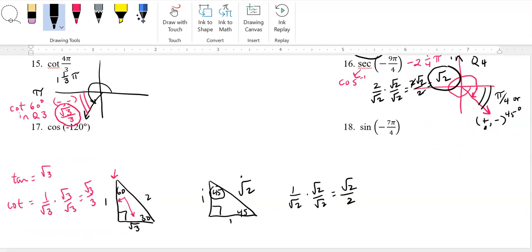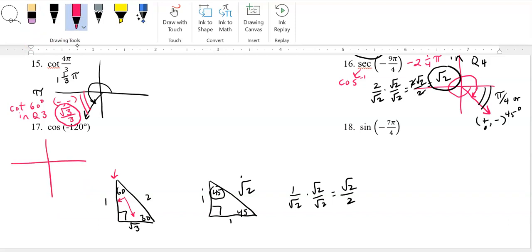All right, we're almost done. Okay, so cosine negative 120, that's negative 90 plus another 30. That would be negative 120, but what I'm concerned about is the reference angle. I went 30, that means the reference angle has to be 60.